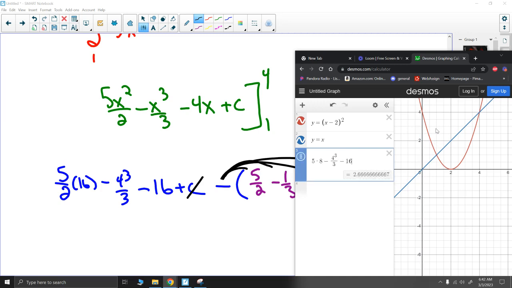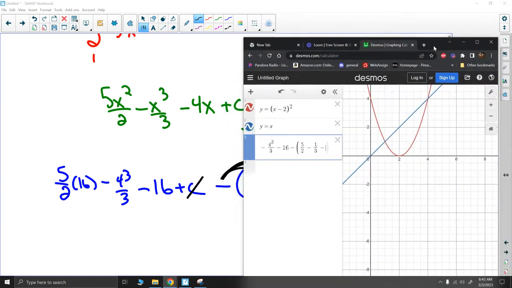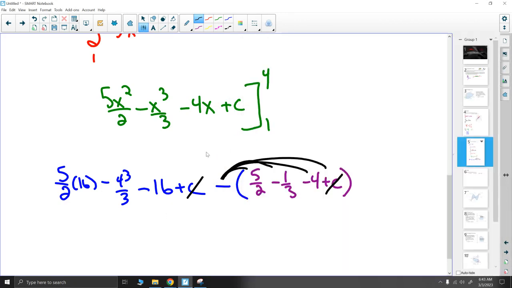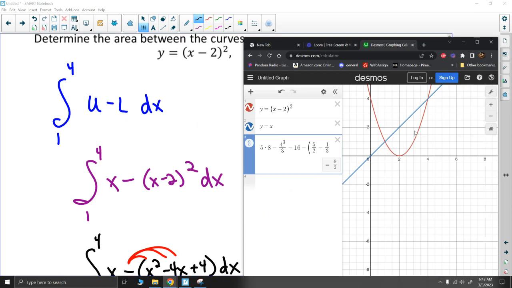Then we have minus parentheses 5 halves minus 1/3 minus 4. Okay, and we get 4.5, which is 9 halves. And that is the area between our two curves, this region right here.